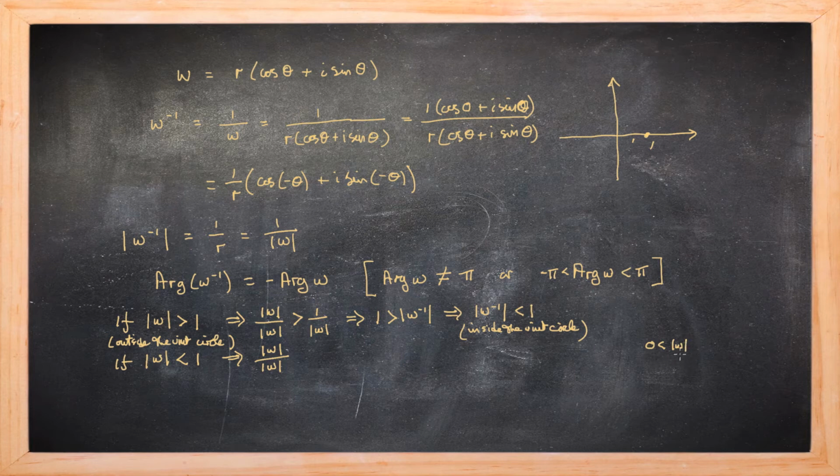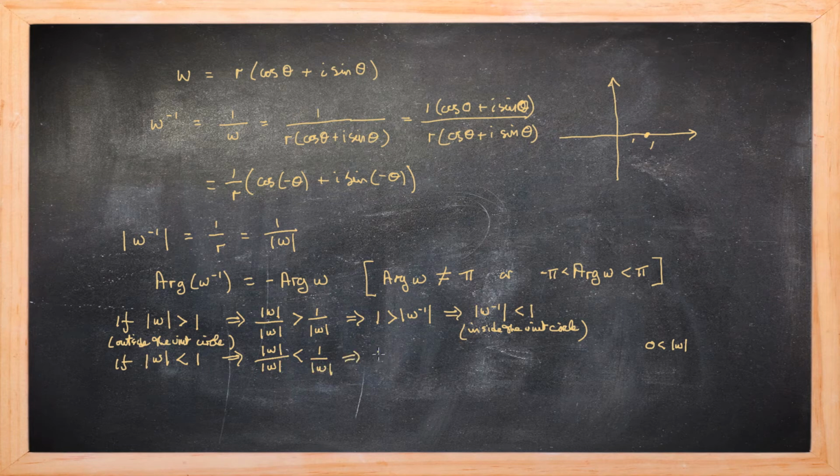The modulus of w is always a positive number unless w is 0, and where all this is assuming that w is not a 0 complex number. It's a non-zero complex number we're dealing with. So in this case we're dealing with a positive number greater than 0 but less than 1, so that inequality will still hold.